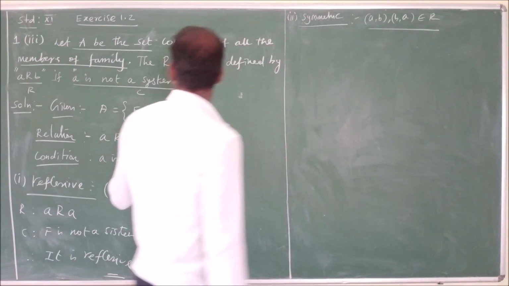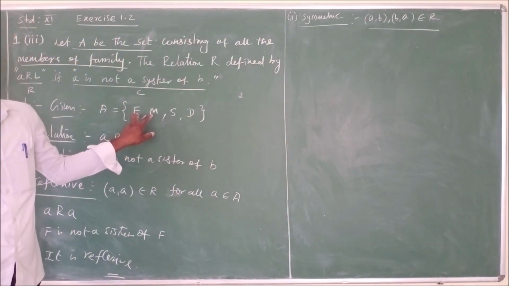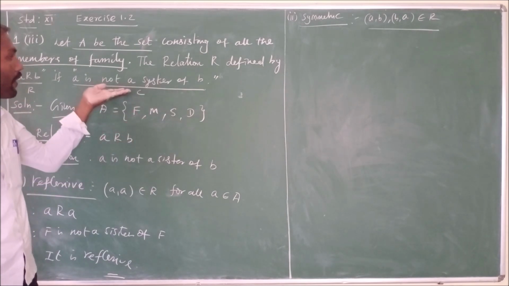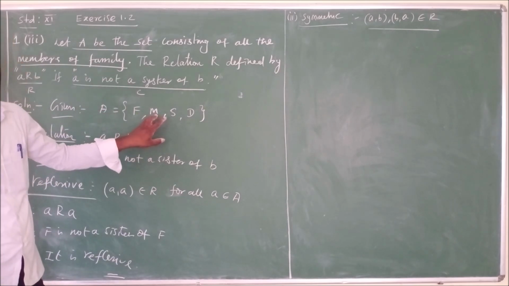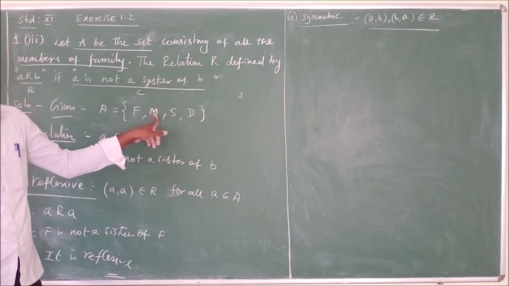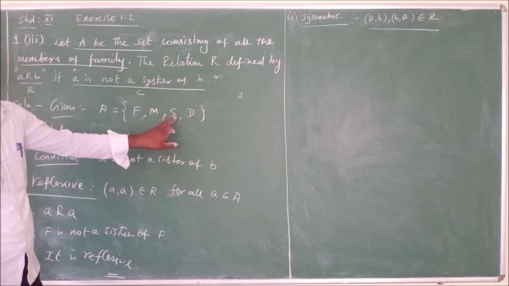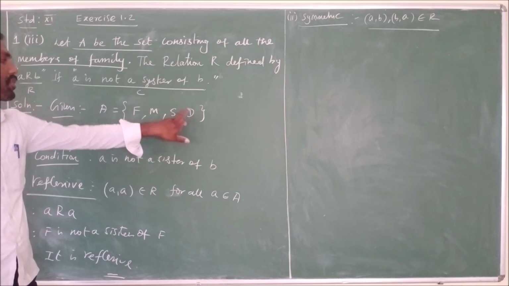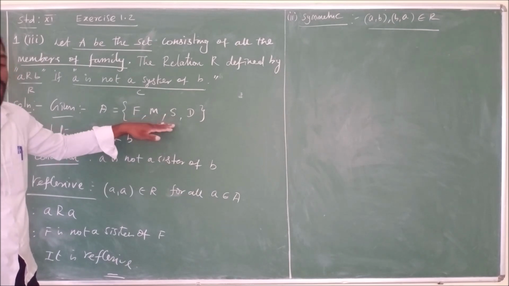For example, father is not a sister of mother, mother is not a sister of father. Satisfies this condition. Mother is not a sister of son, son is not a sister of mother. So it satisfies this relation.